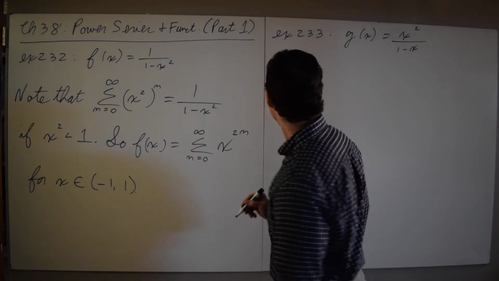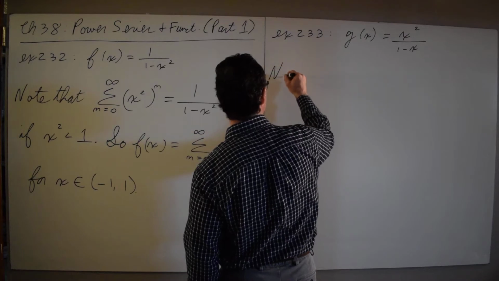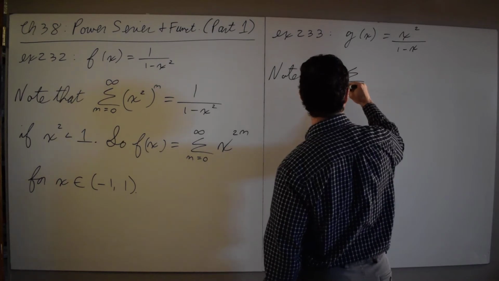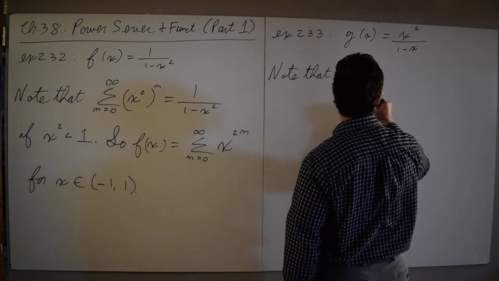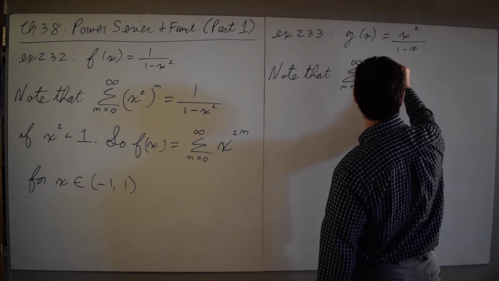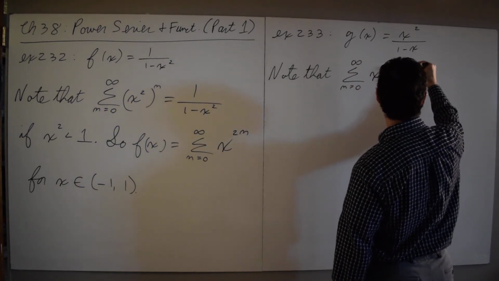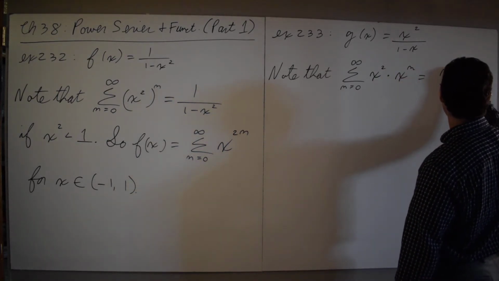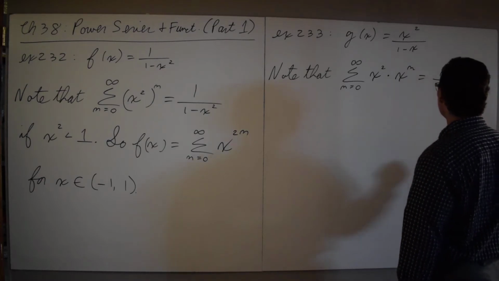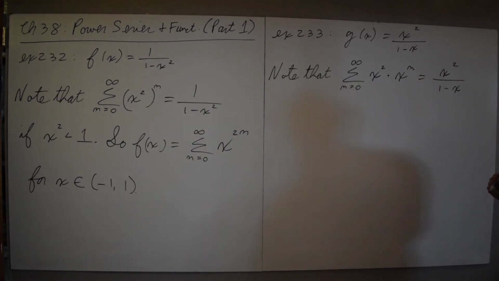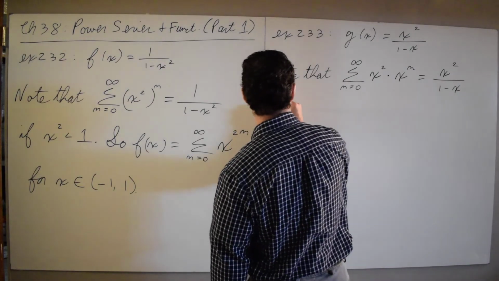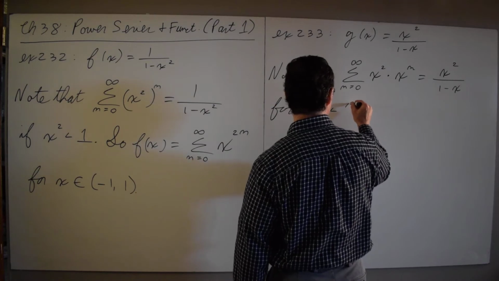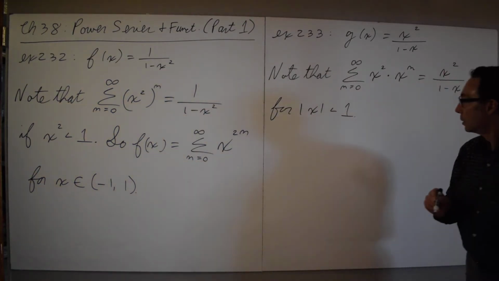Okay, so note that the sum of n equals 0 to infinity of x squared times x to the nth power is again x squared divided by 1 minus x for absolute value of x less than 1.